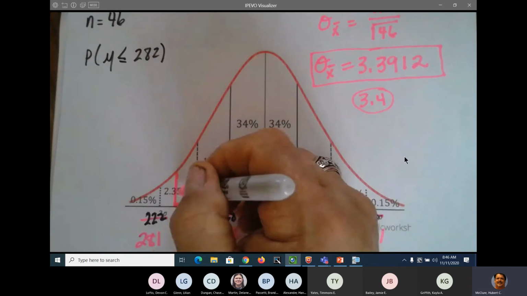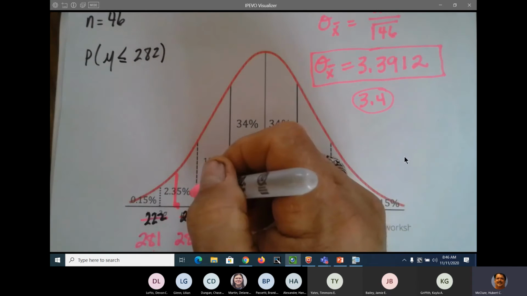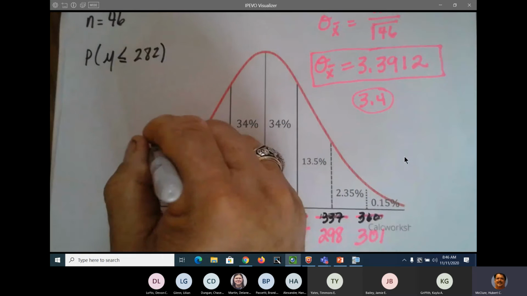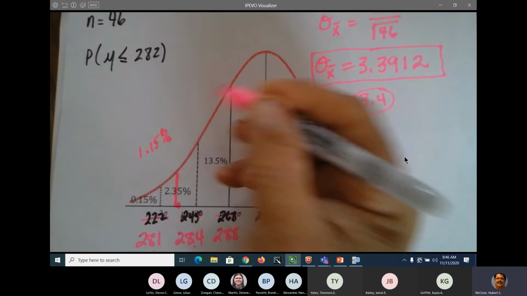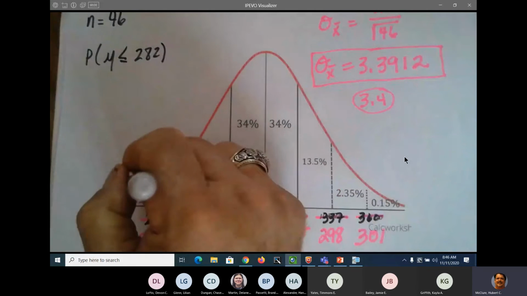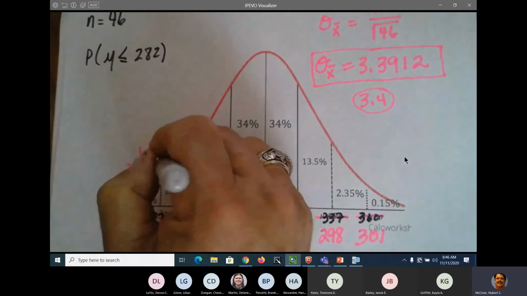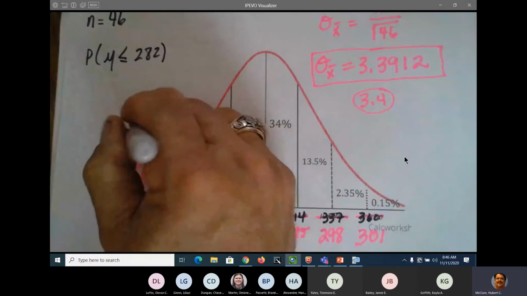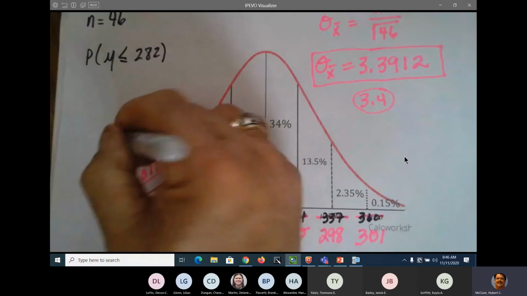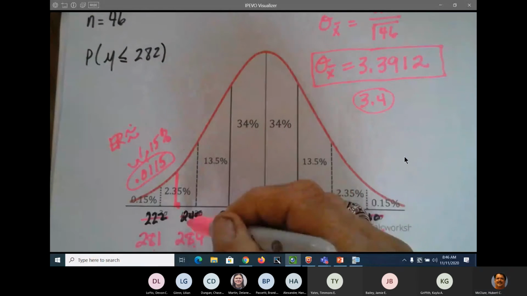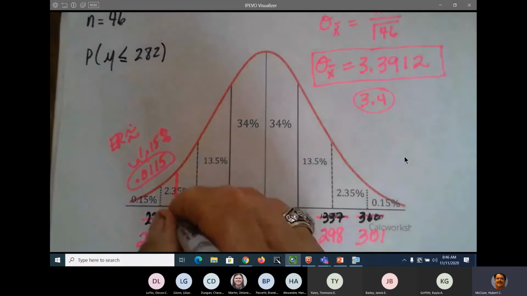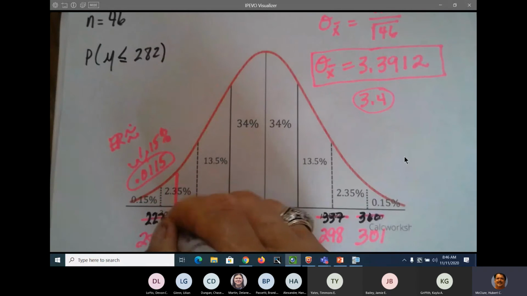Half of 2.35, I'm going to say half of 2 is 1, so I'm going to say 1.15% or 0.0115, somewhere around there. That's by the empirical rule. And if I drew it correctly, I think I drew it correctly this time, because 282 is going to be right about there.